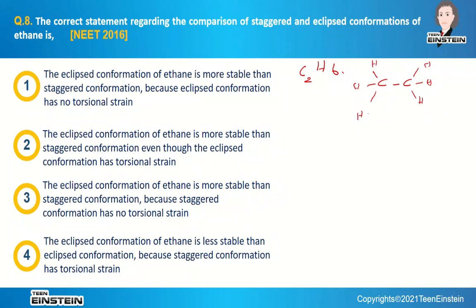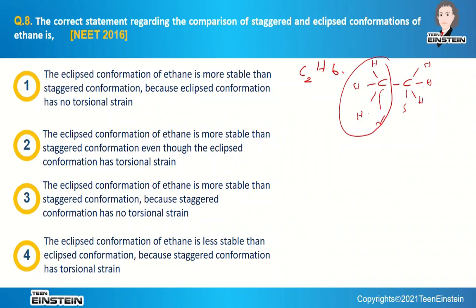So here we keep the first carbon stationary and the second carbon rotating. This rotation results in an infinite number of spatial arrangements of hydrogen atoms attached to one carbon atom with respect to the hydrogen atoms attached to the other one.